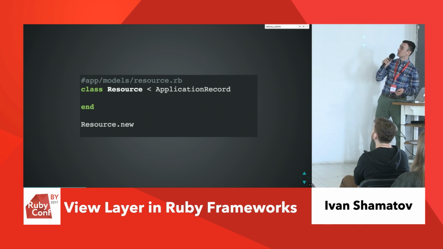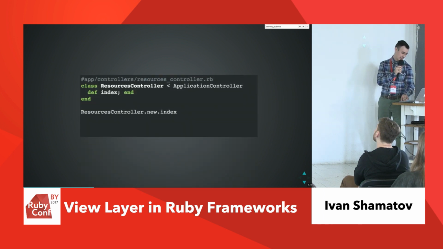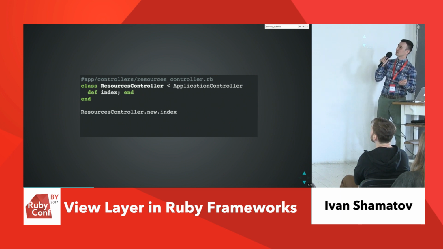That's easy to prove. I guess most of you saw code like that. So there is a model, some resource, and you can instantiate it. And I guess some of you could debug Rails and actually instantiate controllers and call index.